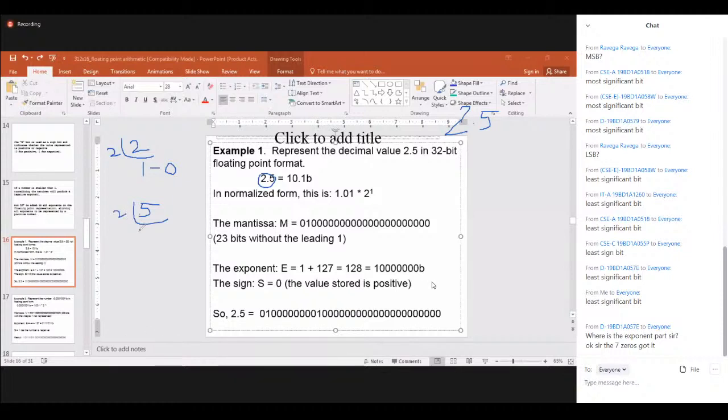When you divide 5 by 2, we'll be getting 2 and the remainder is 1. Now what are the remainders I'm having? For 2 I'm having 1 0, that is this one. And for 5 I'm having 1, and that I'm representing here as 1. Is it clear?